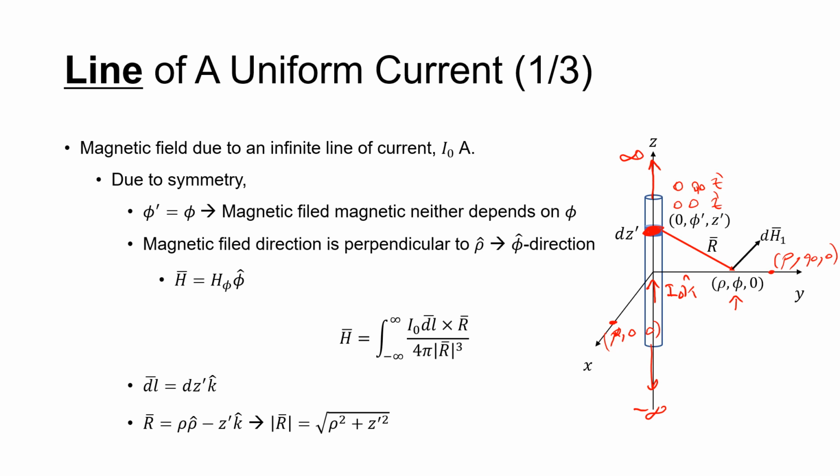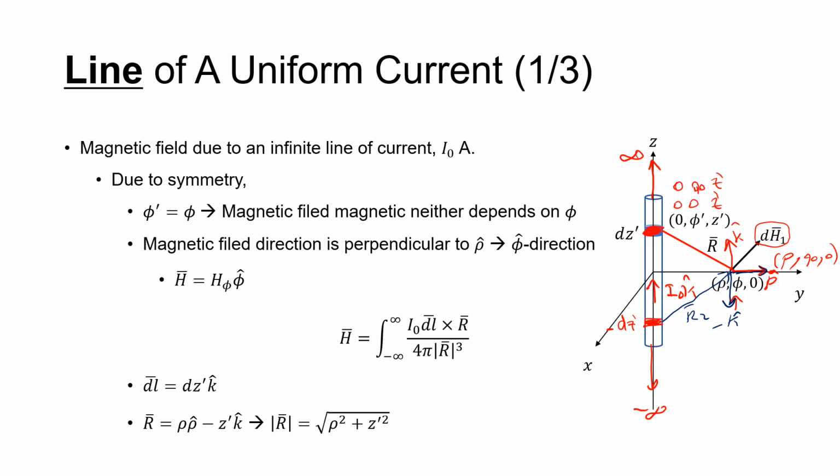Second observation is about R itself. When I'm calculating dH1, for example, my R can be analyzed in rho direction and k direction. But if I'm analyzing a similar element in the negative z axis, say dz dash minus dz dash, then my new R, R2 for example, has a minus k component and a rho component.